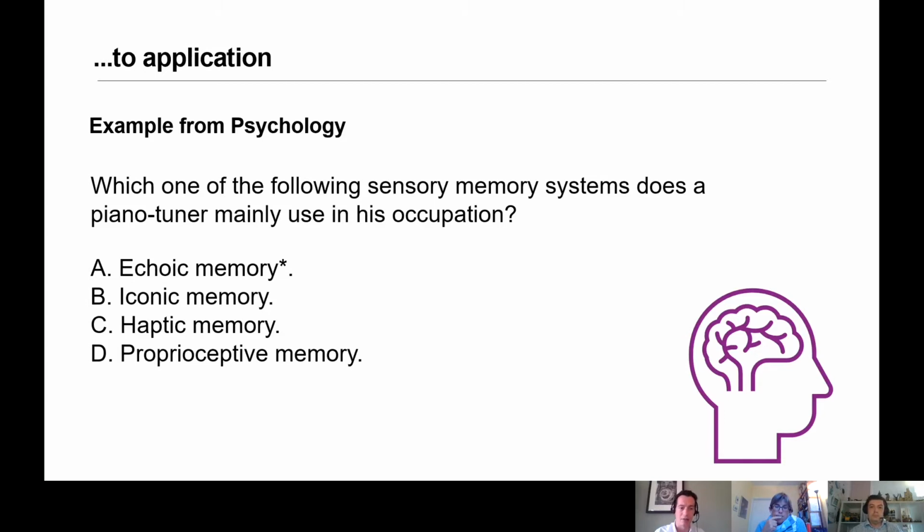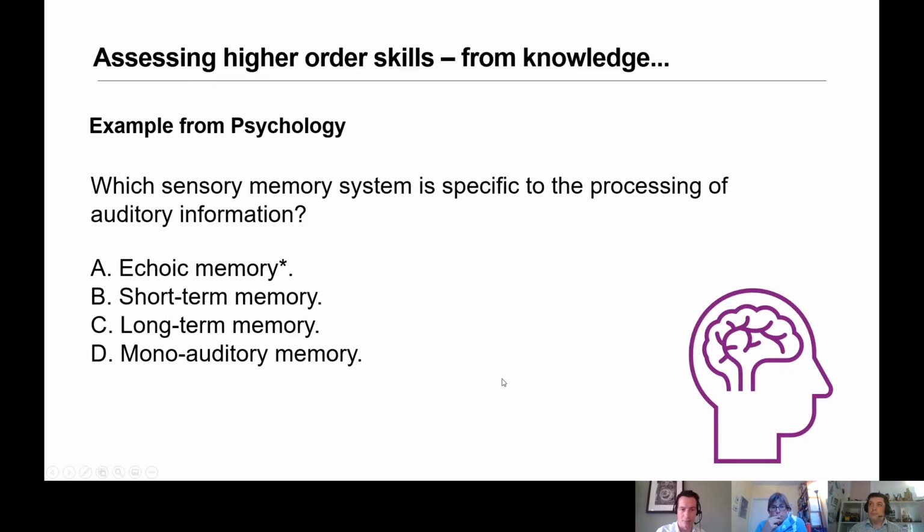You may have noticed from the two examples that if you change the distractors, you can make the different options more plausible. For people that know about psychology, these examples here are all versions of sensory memory. If you go back to the previous example, these different distractors are not actually forms of sensory memory system.